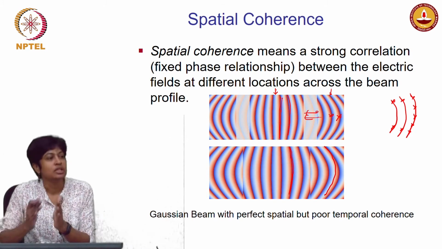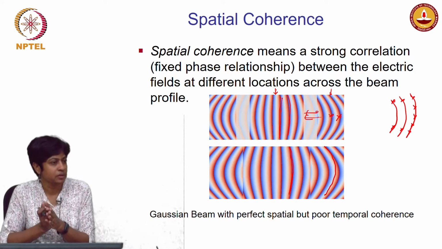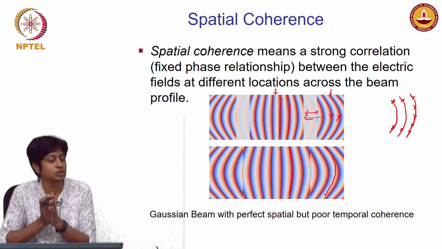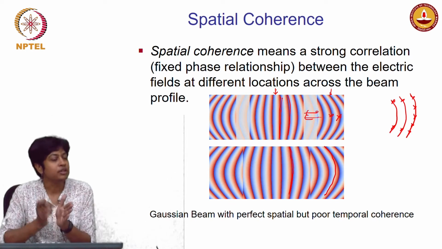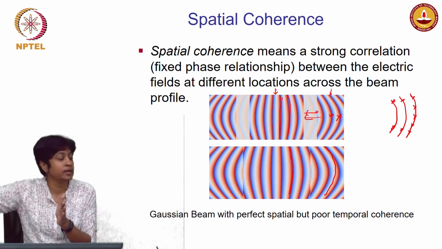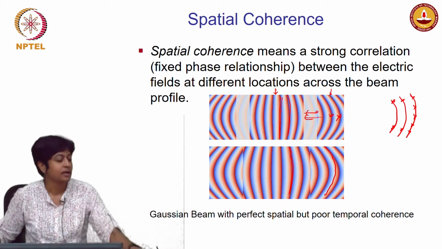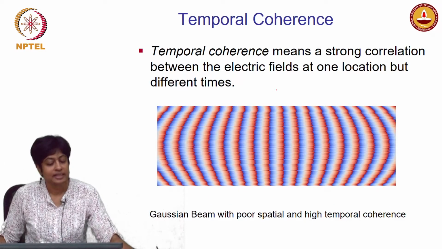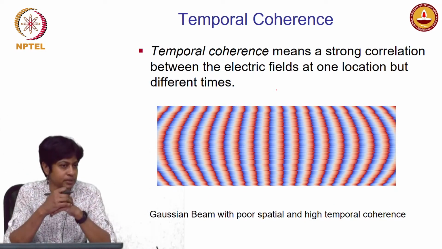Okay? So the easiest way to think about it is spatial coherence means you have a source where different points on the wavefront will be well correlated with each other, but not correlated to a point at a later time. As you should imagine, temporal coherence is just the opposite.